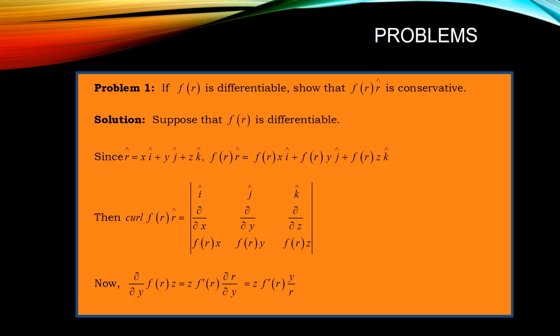To prove this, consider the vector r equals x i plus y j plus z k. Multiply this vector with f(r) on both sides. Then we obtain f(r)r equals f(r)x i plus f(r)y j plus f(r)z k.